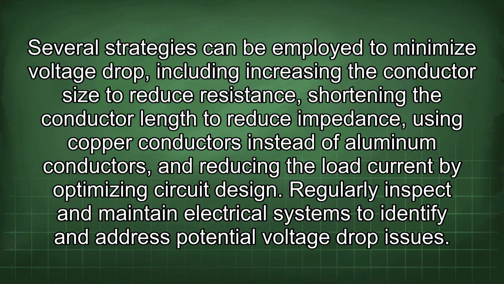Several strategies can be employed to minimize voltage drop, including increasing the conductor size to reduce resistance, shortening the conductor length to reduce impedance, using copper conductors instead of aluminum conductors, and reducing the load current by optimizing circuit design. Regularly inspect and maintain electrical systems to identify and address potential voltage drop issues.